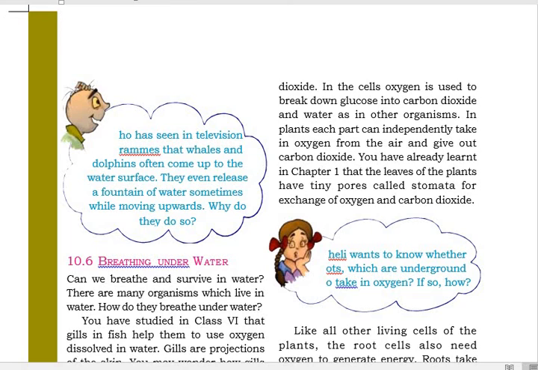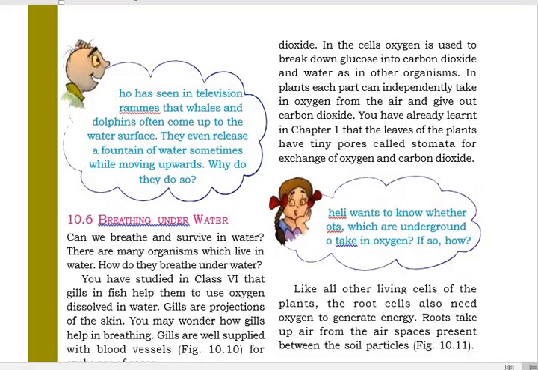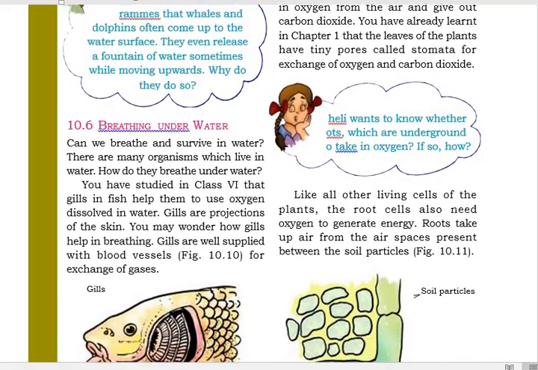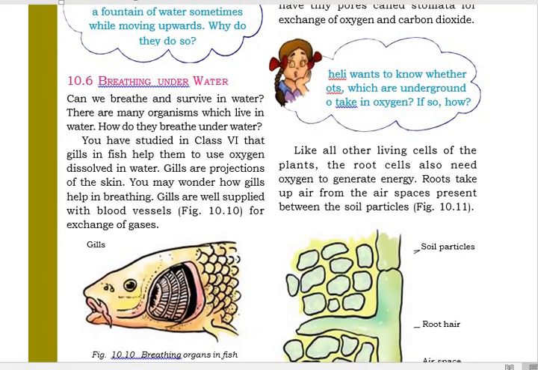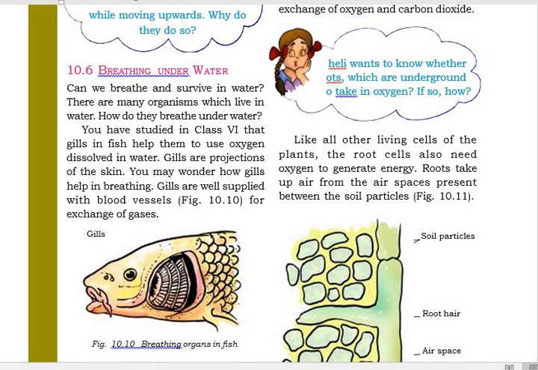You had already studied in standard 6 about the gills of the fish, which help them to use oxygen dissolved in water. Gills are projections in the skin. You can see the picture of the fish. See, some projections are seen on the sides just below the eyes.